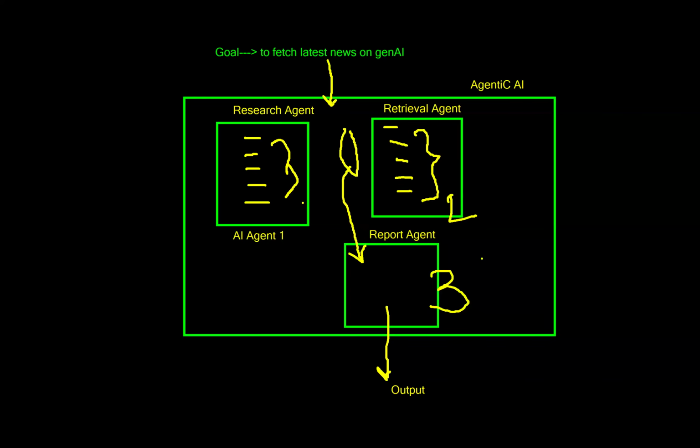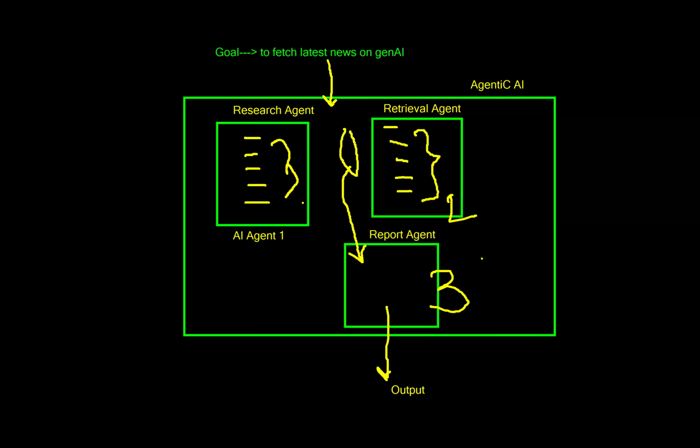They work most of the time independently, or dependent. They work independently also, and they work in collaboration also, like we humans do, right? Let's take an example. Let's say there is a company of 10 to 15 members. That company altogether is like an agentic AI system.